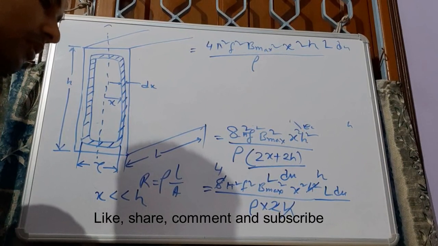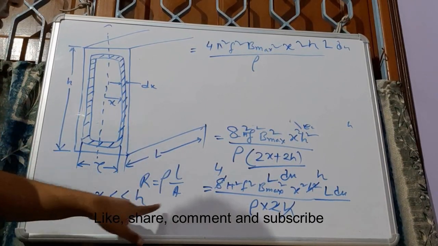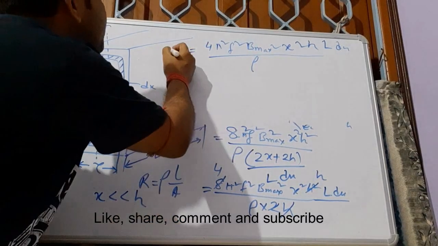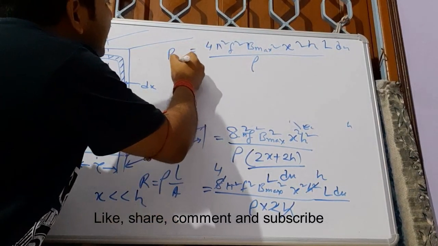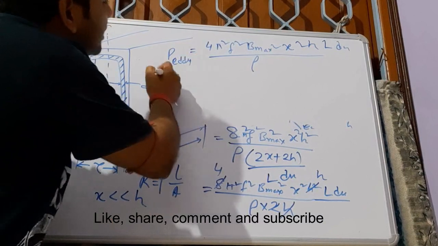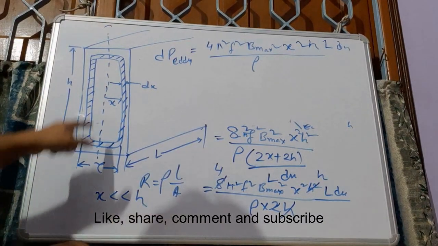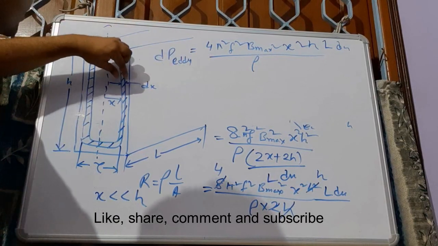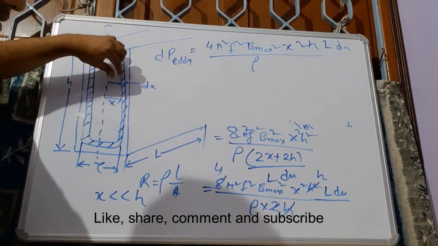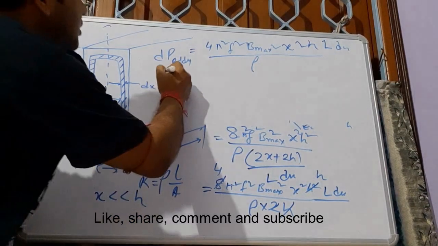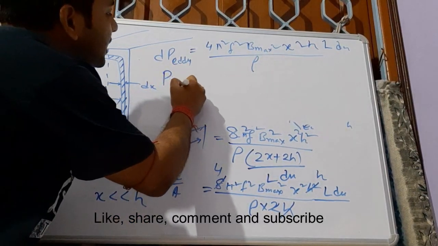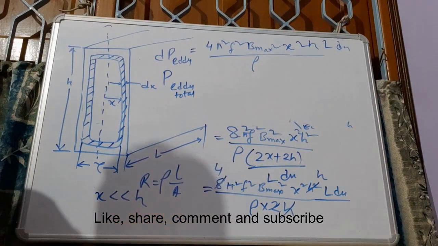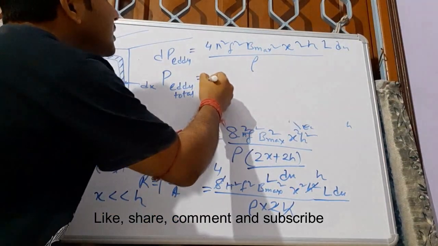Now this is your PAD. We can write it as dPAD because we are measuring the PAD for this small section. Now we have to calculate PAD total, right? So what will be the PAD total?